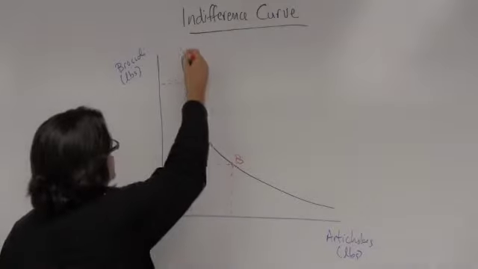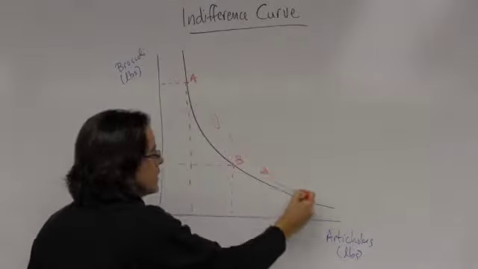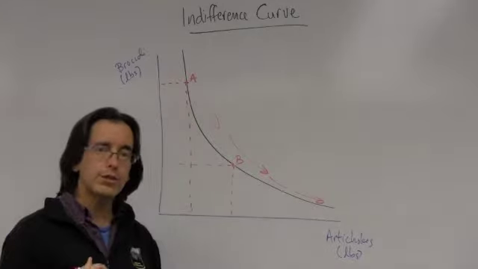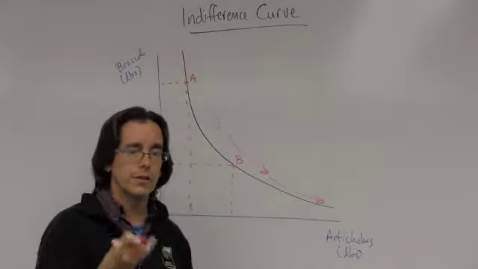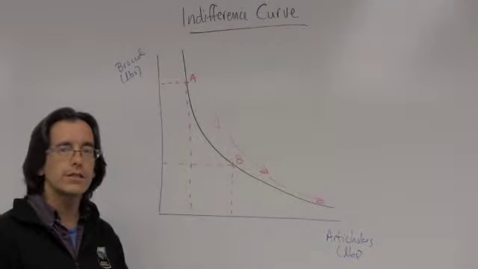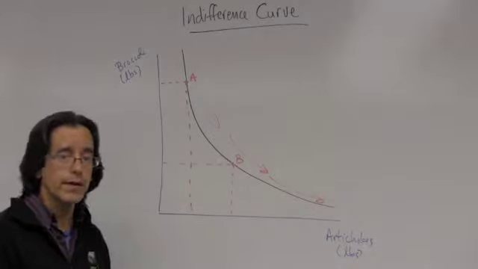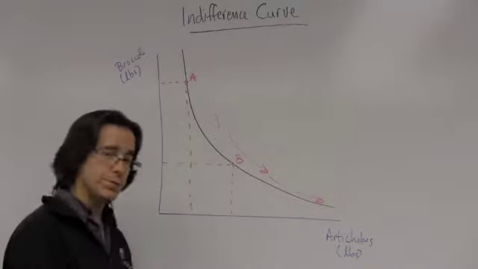So as you're moving along this indifference curve, the only thing that's changing is the combinations of broccoli and artichokes. The thing that's staying the same is the level of utility. Okay? So that's the first basic idea.